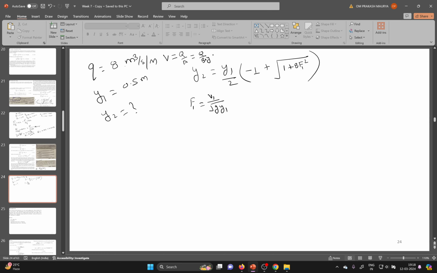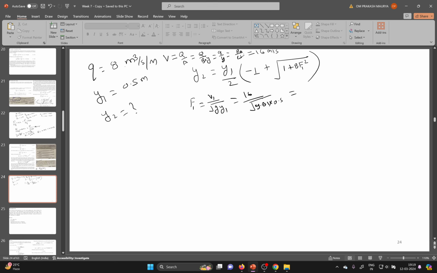So b into y, and Q by b is equal to your small q by y. So it is 8 divided by y1, y1 is 0.5, so it will be 80 by 5, so you will get 16 meter per second.